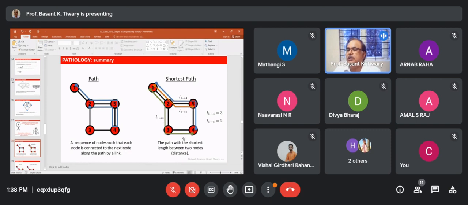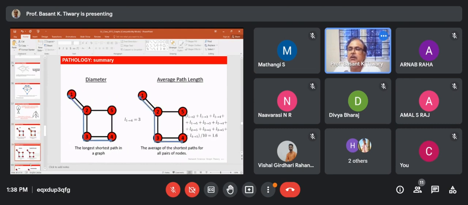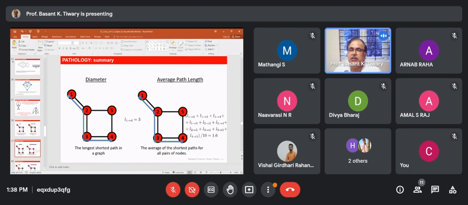So the distance which is the shortest one will be treated as the shortest path. So this is how diameter is measured. For example, this is 1, this is 4. You have to measure the distance between these nodes, and the longest shortest path is the diameter of the graph.